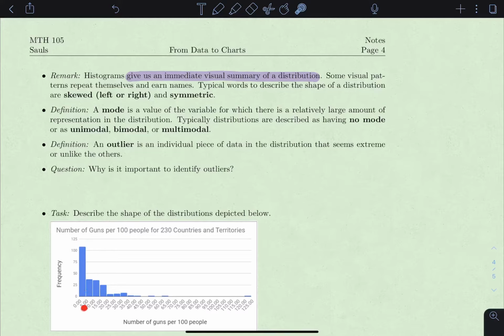Another definition, outlier, is a piece of data that's extreme. It's somehow far away from the other ones. And we'll get more technical about that in future units. But right now we can just ask, why is it important to identify outliers? One reason is they are interesting because they're different.